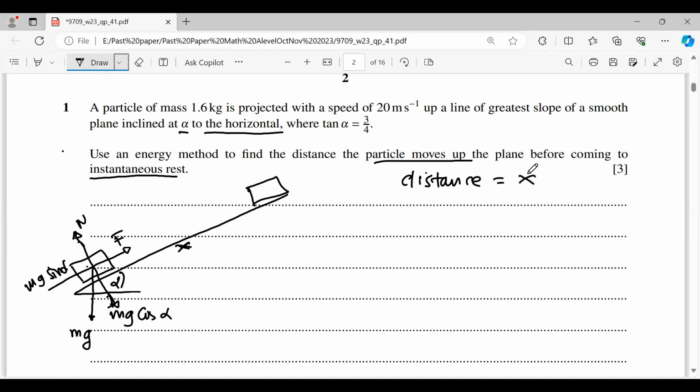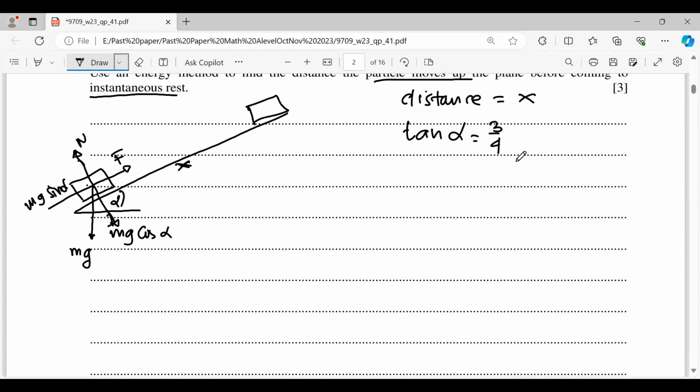Tangent alpha equals 3/4. If tangent alpha is 3/4, we are going to determine sine alpha. Tangent alpha means 3 here, 4 here.